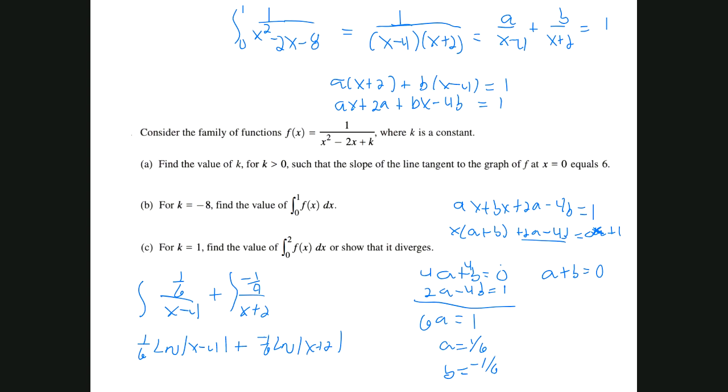And then it's like, oh, I remember when we split these things up, and a lot of times we had like 2x up here, and we'd set it equal to 2x, and then a plus b is equal to 2. But I forgot what that was called. It's one of those things where you definitely could not use a calculator on that, could you? There's no way that you could use a calculator there.